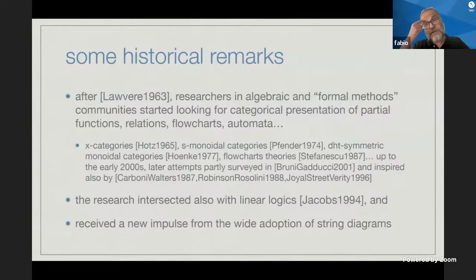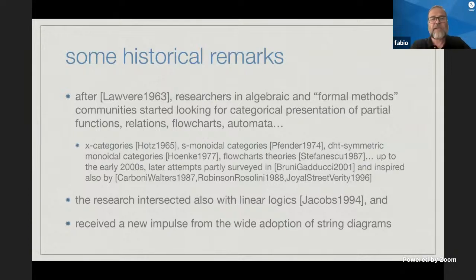So, first of all, some historical remarks. I'm a history buff, so I'm always happy whenever I have the chance to discuss the history of the topic. After the work by Lawvere on functorial semantics, there has been a lot of research from the community of algebraists and formal methods people, who started looking for categorical presentations of partial functions, relations, flowcharts, automata, and so on and so forth.